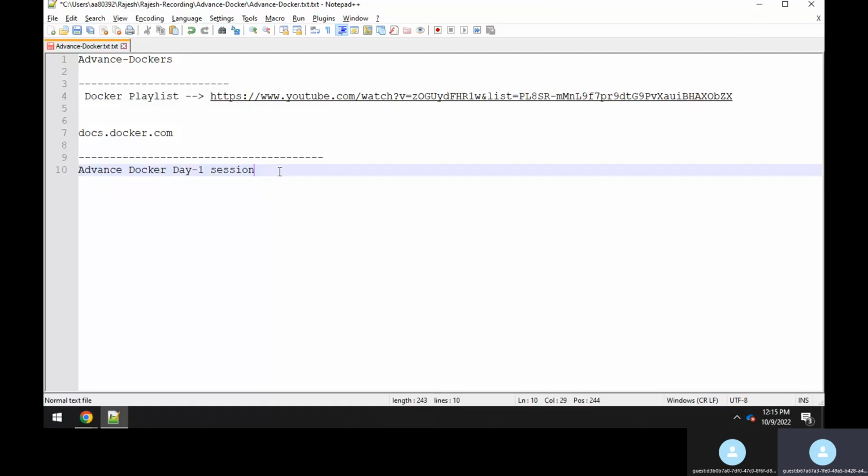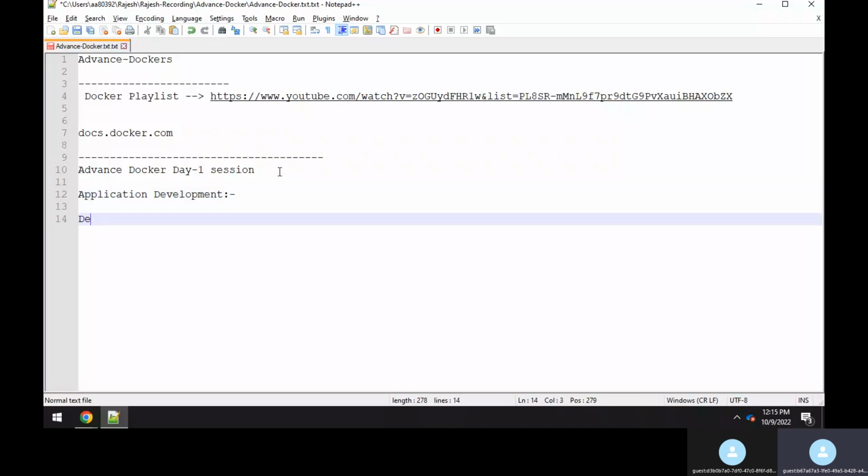Before we start with Docker itself, let us try to understand how application development happens. Whenever developers develop applications, they develop some kind of project.